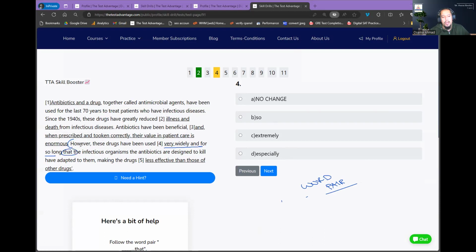And then you can find here وبرضو so widely and so long. So we have parallelism here, and we have the word pair so that. So widely and so long that the infectious organisms. So please make sure you find reasons for your answer. Let's go to question number 5.